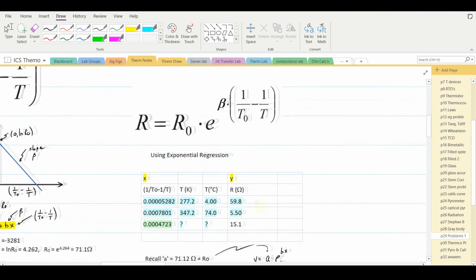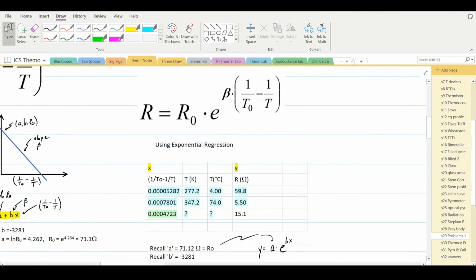Now you can also do this using the other equation, the exponential form. R is equal to R sub 0 times e to the beta times (1 over T sub 0 minus 1 over T). In this case, you can plot R values directly as y, and x values again would be 1 over T sub 0 minus 1 over T. Be sure to enter this data into the exponential regression mode of your calculator, STAT 3.